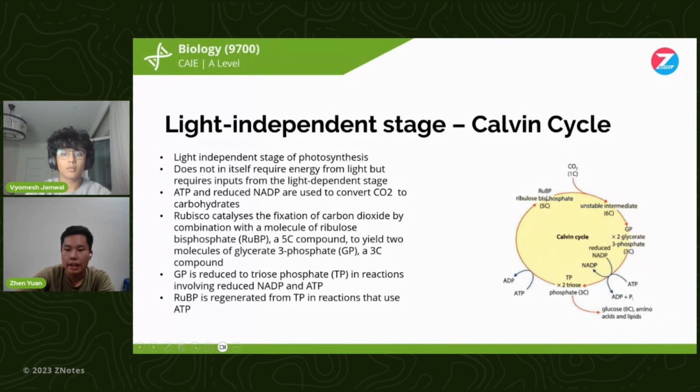And 5 out of 6 triose phosphates are actually used to regenerate your RuBP. Some amino acids are directly converted from your glycerate 3-phosphate. But mainly your glucose, amino acids, and lipids do come from triose phosphate. And yeah, that is your light independent stage, which is the Calvin cycle.